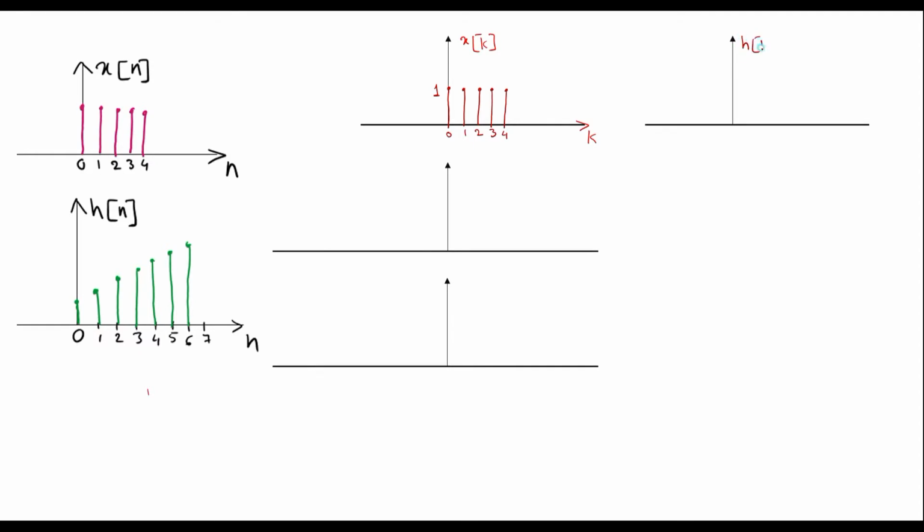Let this be h of k. The time axis will be k here now. H of k is obtained by just replacing n by k. The remaining signal exists as it is. So here I will show the h of k signal.